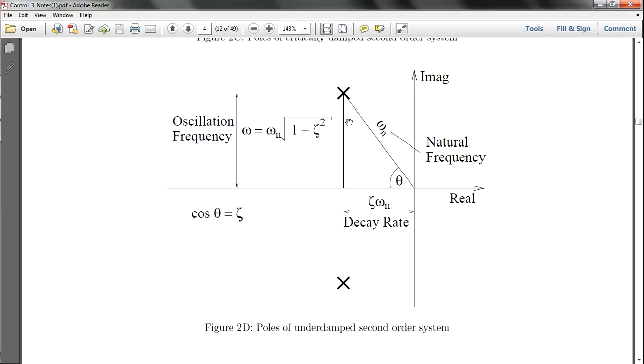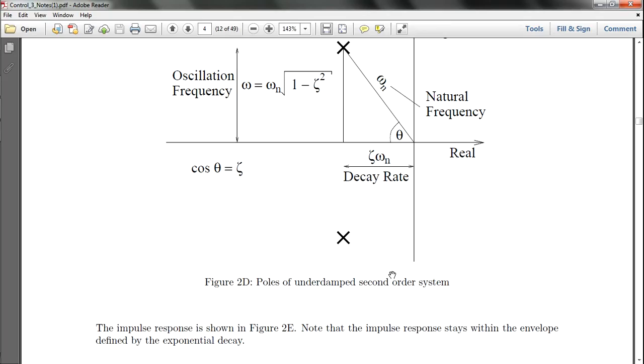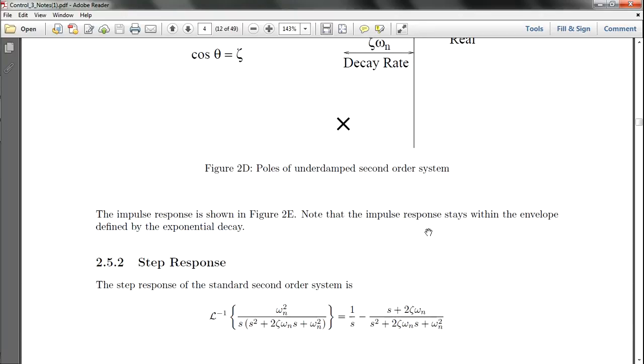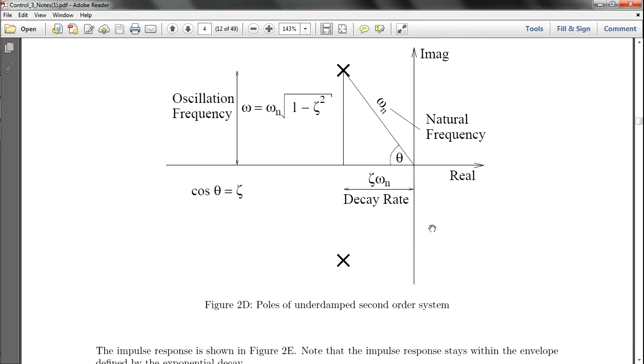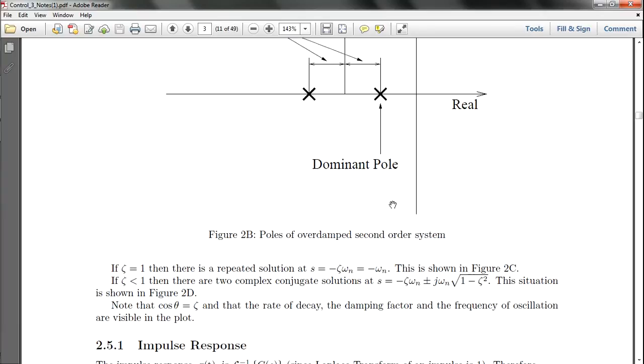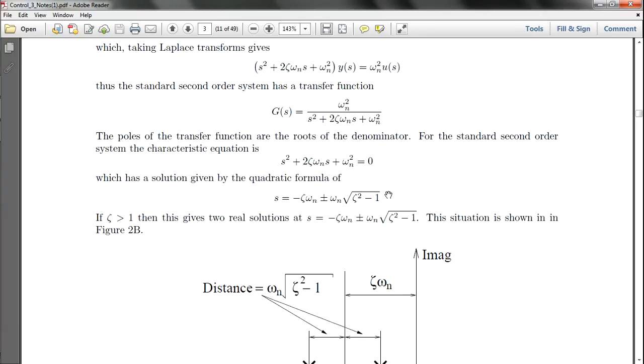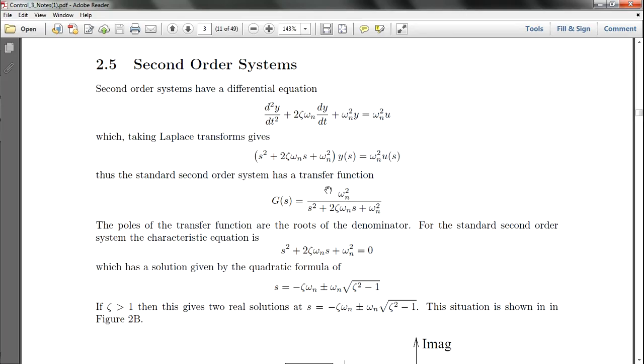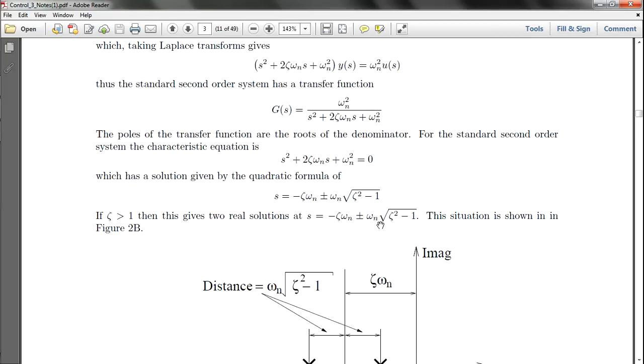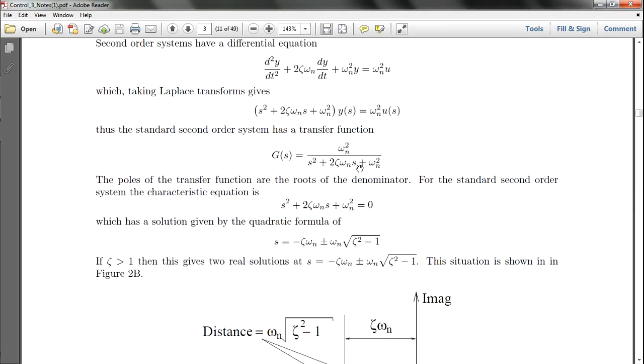So this will be the part for poles and zeros for second order. To summarize, the transfer function is this, and you take the denominator, because the denominator will define whether your system is stable or unstable. So normally we work with the denominator.